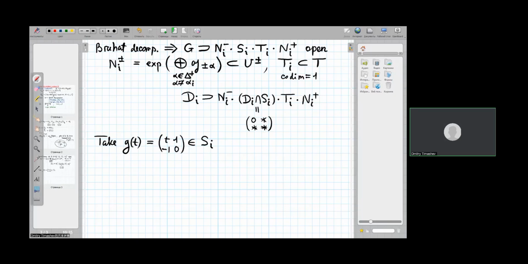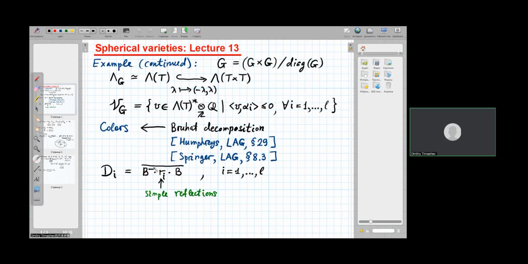I just give you a clue how it looks, but to understand this in more detail, you have to go through the Bruhat decomposition. It is more or less clear that this set is open in Di, because the set on the right contains the double coset whose closure is Di.